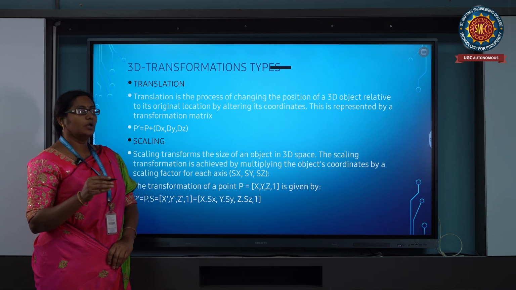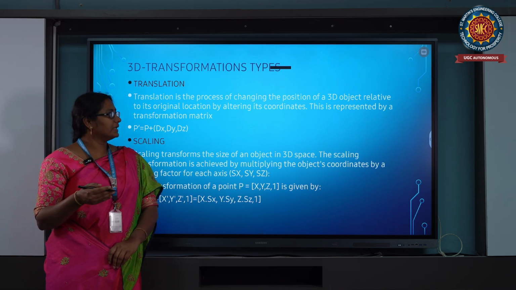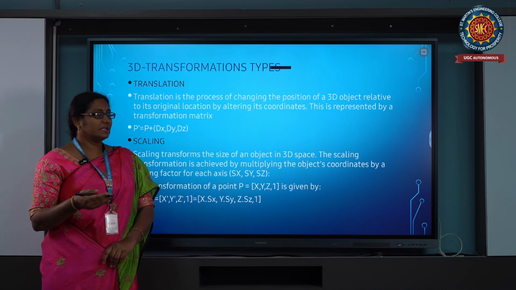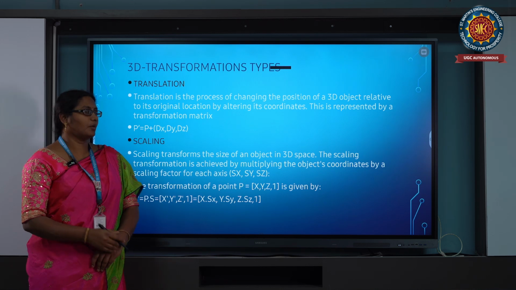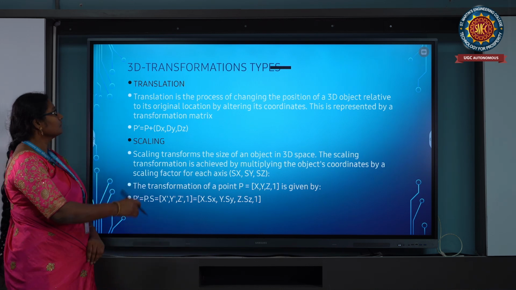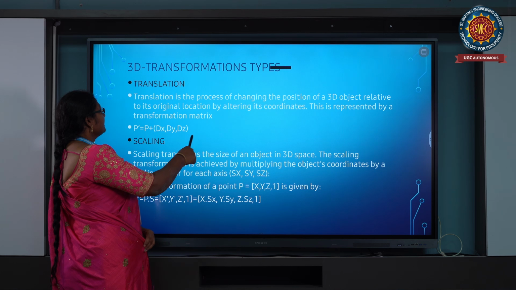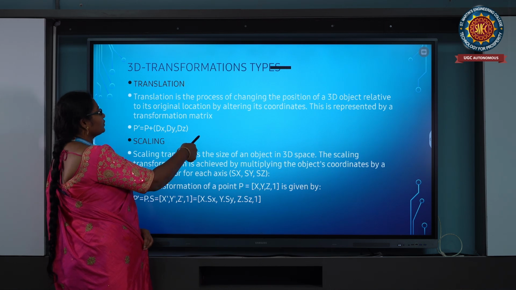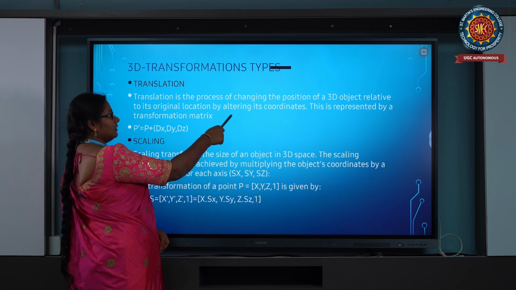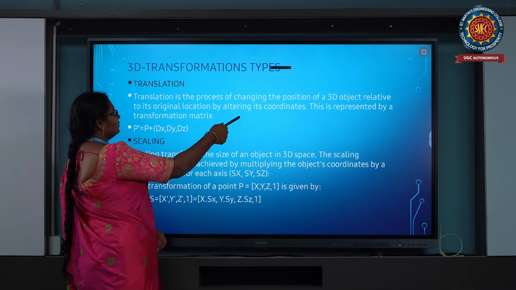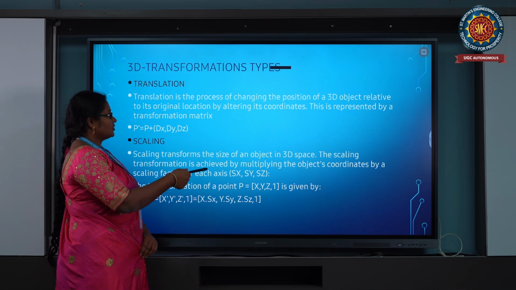In 3D we take the depth of the image, the layers. We'll take the different layers in that object. So we can apply these transformations to 3D objects also. Translation is applied to 3D objects to change the position of the object.